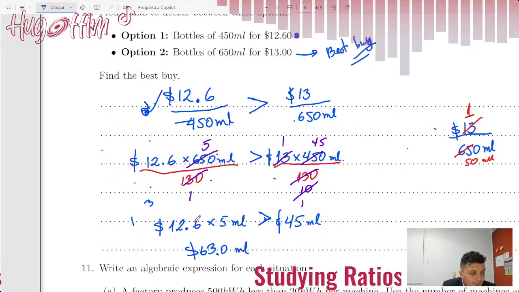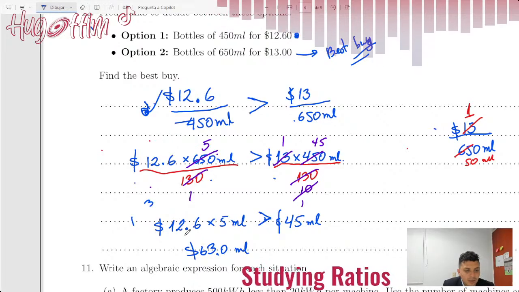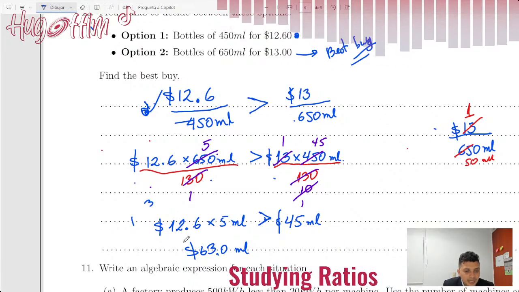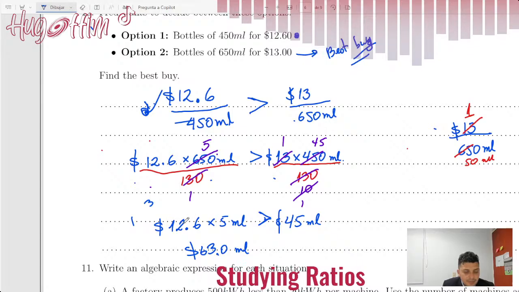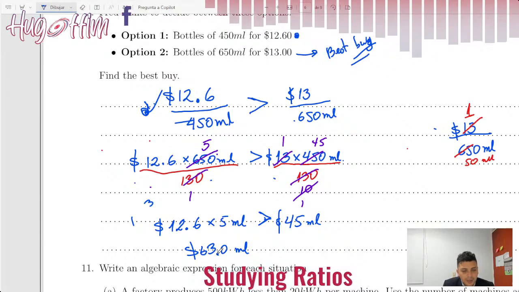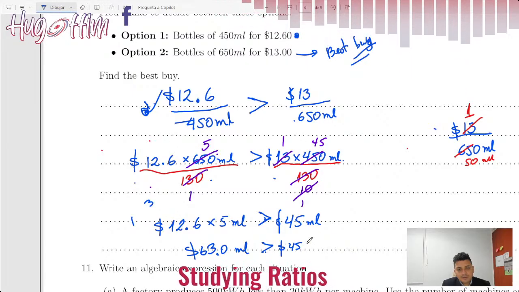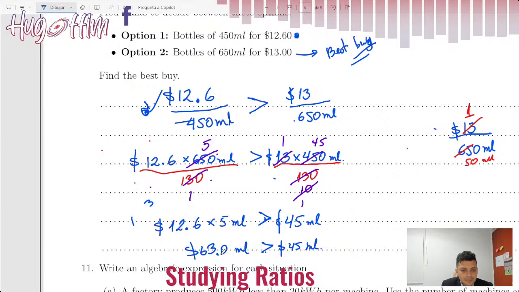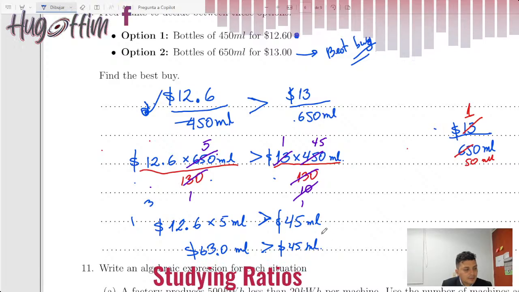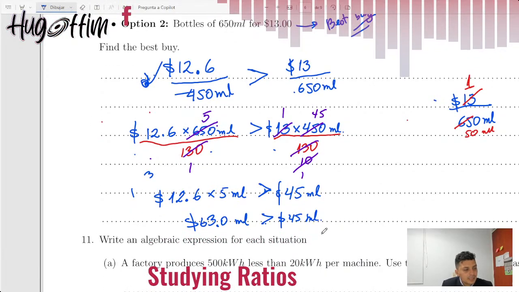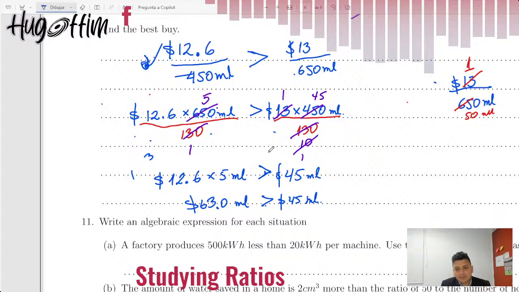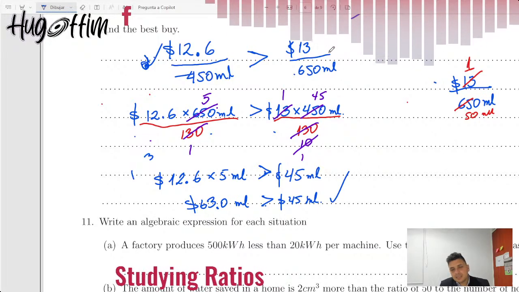Remember that if you multiply by a decimal, this decimal only means 12.6 over 10. So I multiply 5 times 126 and divide by 10. Okay? Greater than 45 milliliters. Look at that, I got the same. 63 milliliters is greater than 45 milliliters. Good. The best buy is the second option.